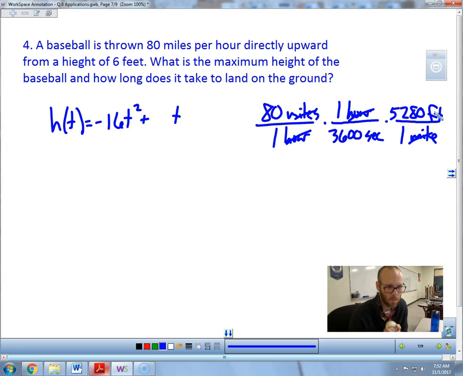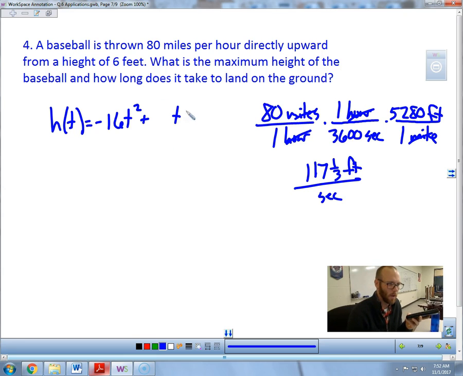Notice I'm just left with feet in the numerator, seconds in the denominator. I'm going to grab my calculator. 80 times 5,280 divided by 3,600. I get 117 1/3 feet per second.